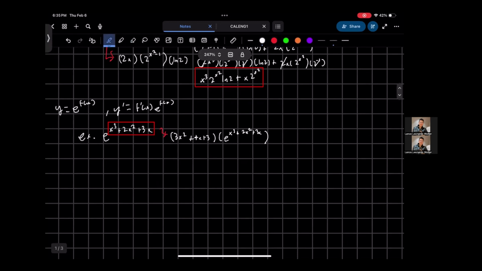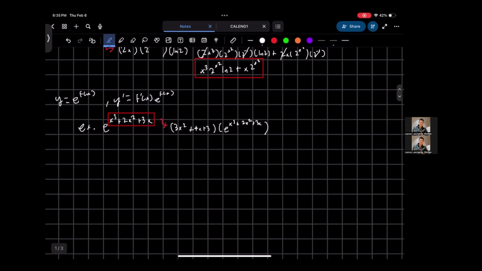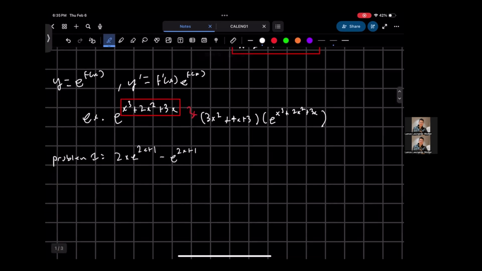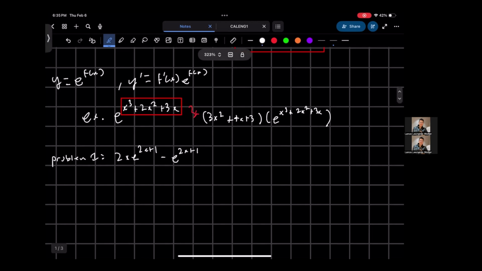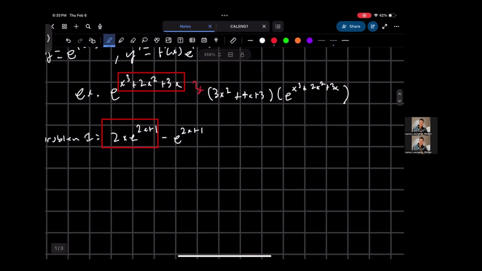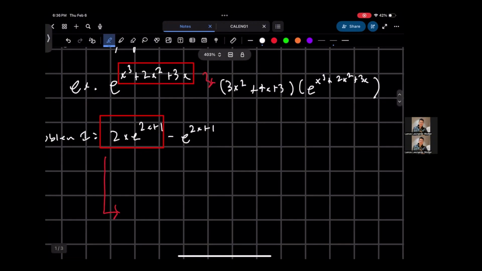Okay, now let's do a practice problem. Problem 1. Now, let's say we want to get the derivative of 2x raised to 2x plus 1 minus e raised to 2x plus 1. So once again, we have another one of those product rules here in the first one. So let's get the derivative of that one first. Well, let's first get the derivative of 2x.